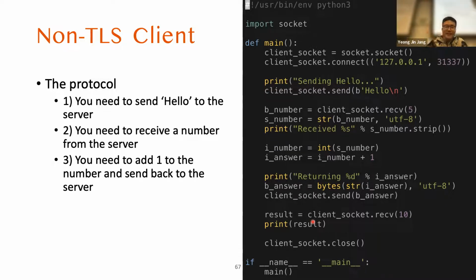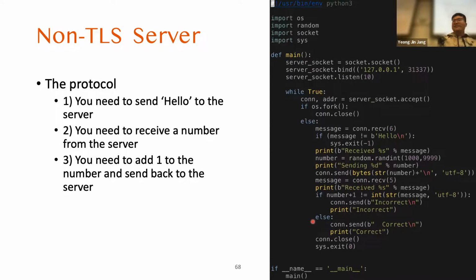without TLS. And then this is the server-side program. So we create the server socket, bind the IP and port, listen, and then wait for the client connection. And then if connected, we first receive the 6 bytes of a message and compare whether that is a hello and new line.